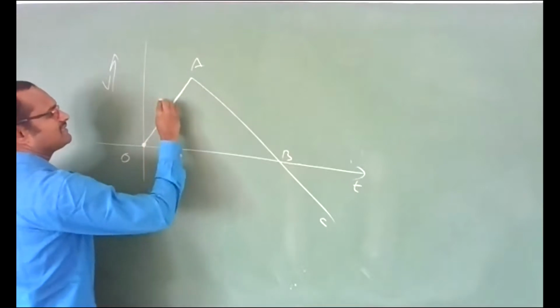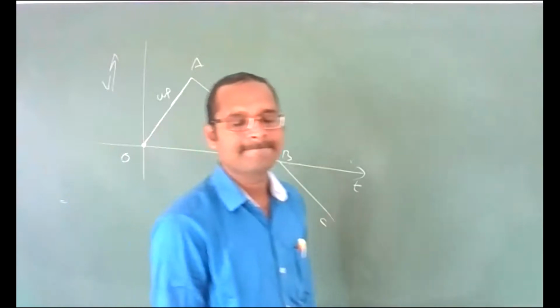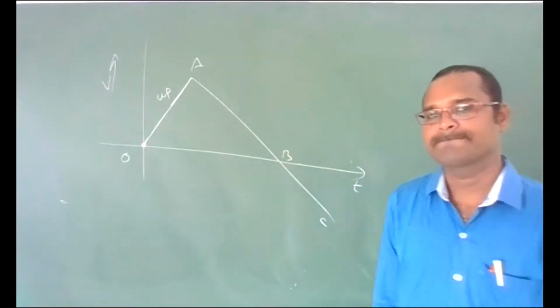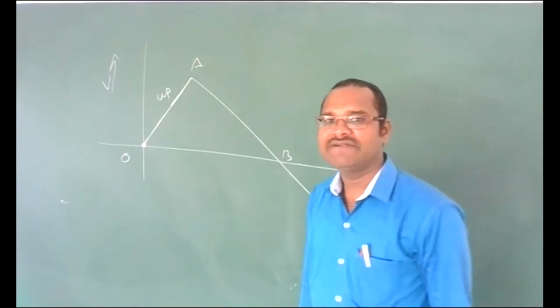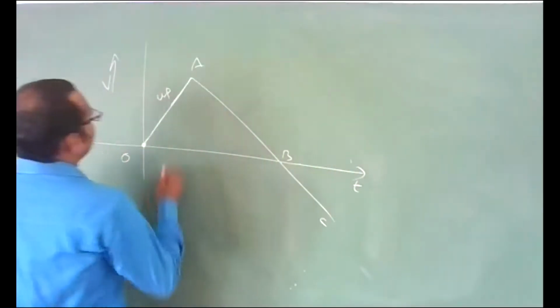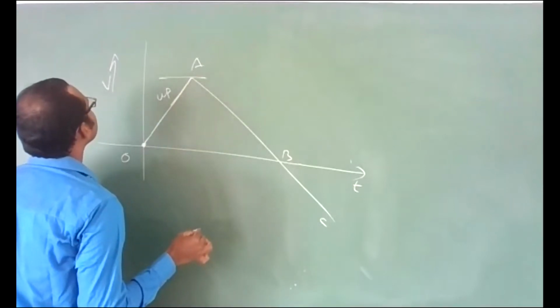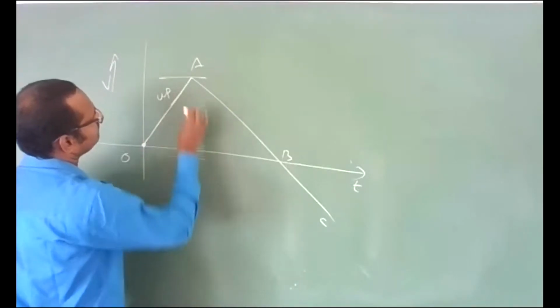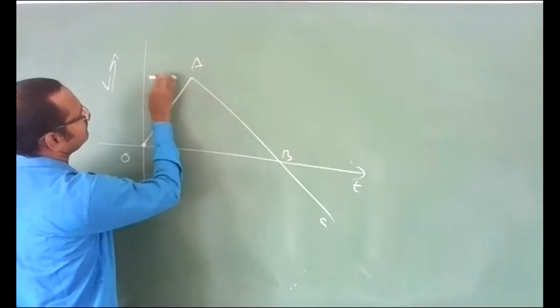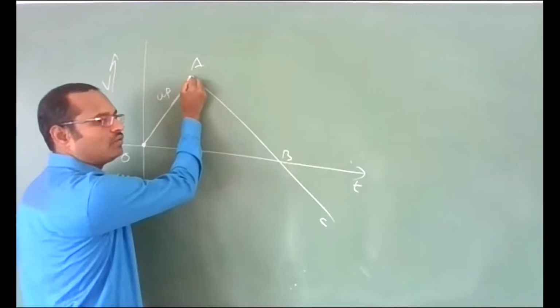So going up means this. It reaches the maximum velocity there, going up like this up to OA.